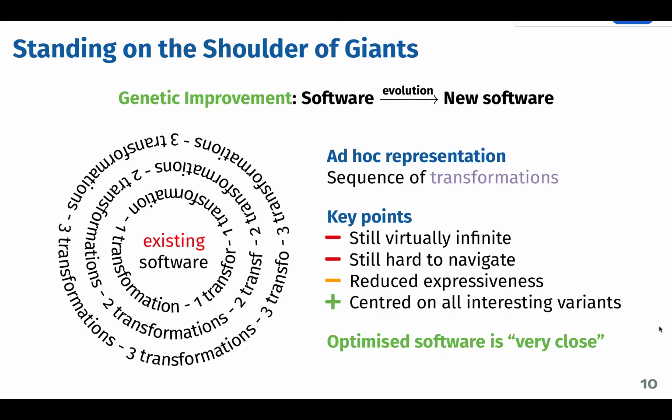But the other way to see that is you are centered on all the interesting variants, all the interesting software, which are the variants of the original one. If there is a software which is better than the one you already have, the hypothesis is it is kind of close to the original in that space, so that makes the sequence of transformations representation make sense.